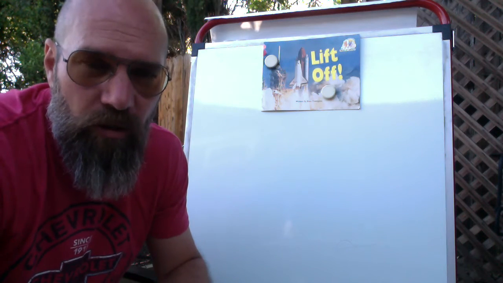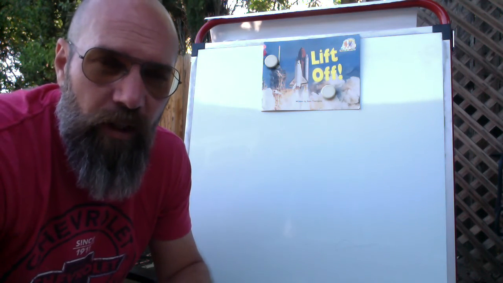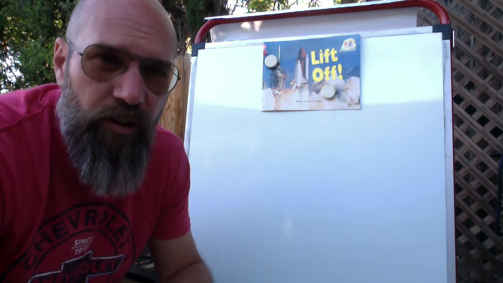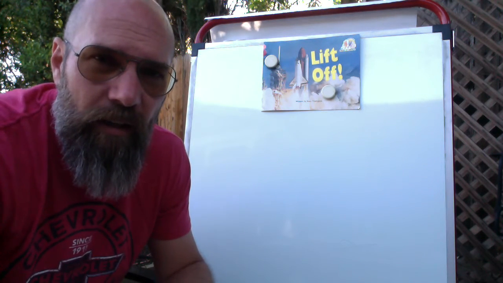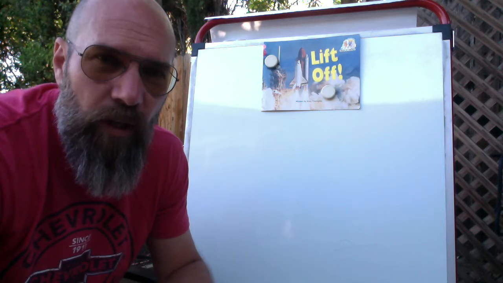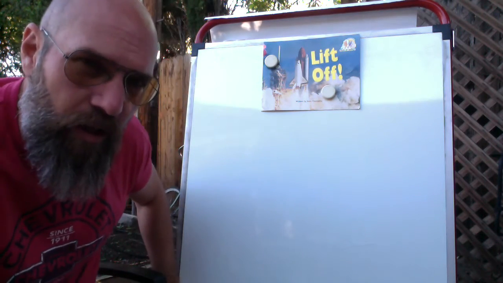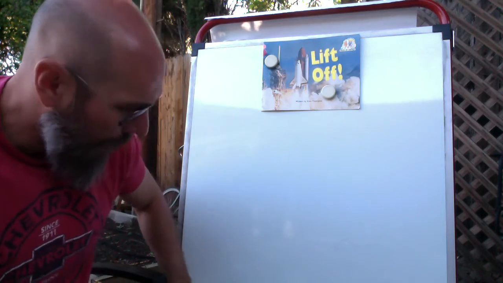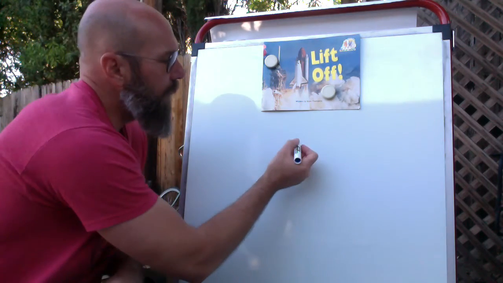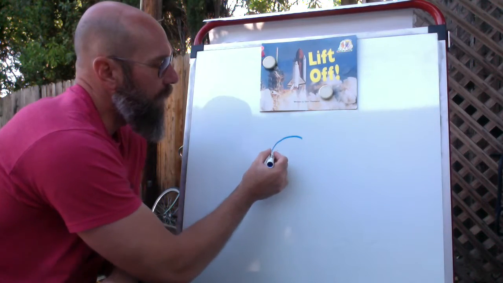Maybe your parents or your family at home can show you a video of the space shuttle launching, and I can send a link to that at the end of this video for you guys to watch. It's really, really neat. But we need to talk about when we're in space. Okay, so what we're going to do is draw the Earth.